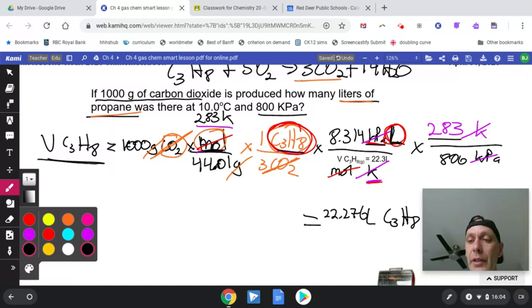Sig digs 3, 3, 4, 4, 4, so 3 sig digs, 22.3 liters of propane. Cool. 3 down, 1 to go.